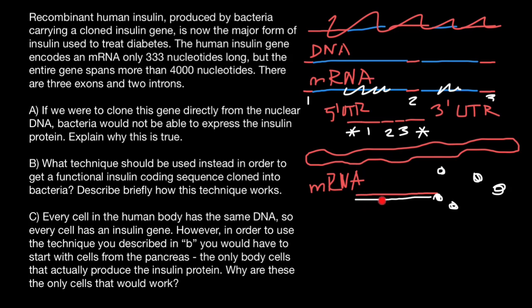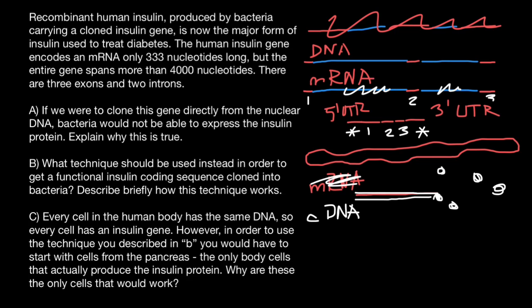So now we have a hybrid: messenger RNA as one strand, and another one is a DNA strand. Then this messenger RNA strand would be degraded and DNA polymerase would make another complementary strand. So now we are going to have double-stranded DNA, which we call cDNA.